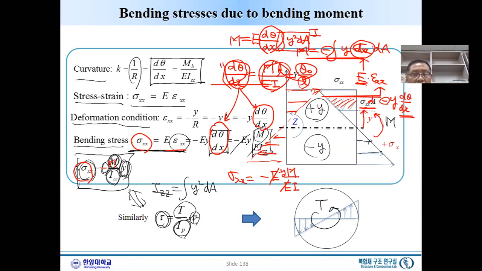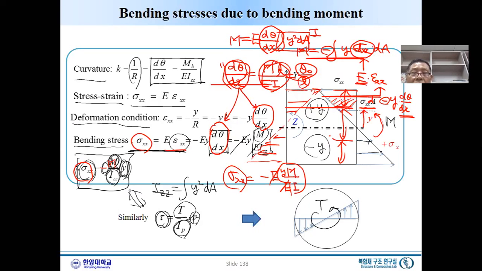But this is only when we have a constant material property. With constant material property, we have this sigma xx and this one. What if we have multiple layers, such as this part is material A and material B and material C? What if we have several layered materials?